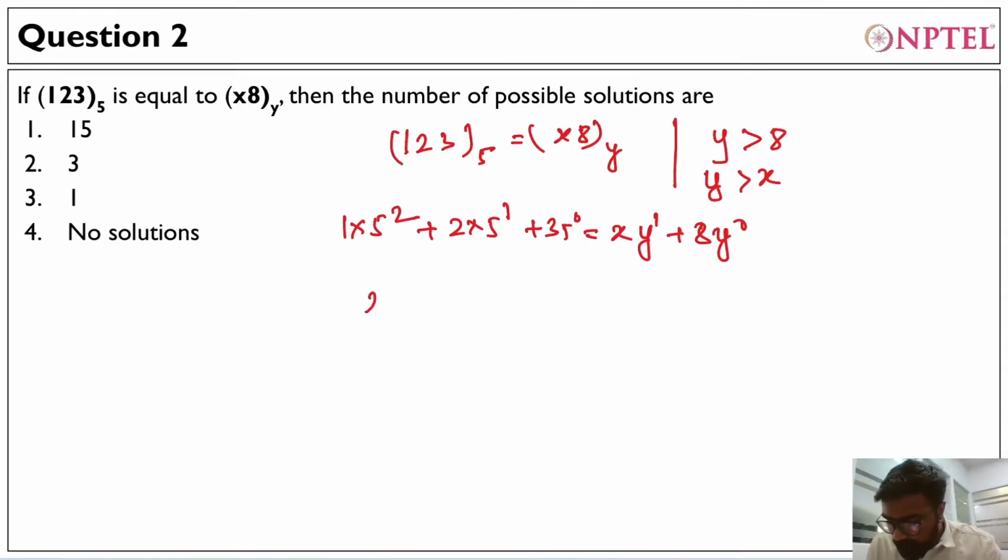Somebody has said that the answer is 3. Anybody else want to answer before I move to the next step? Option 3.